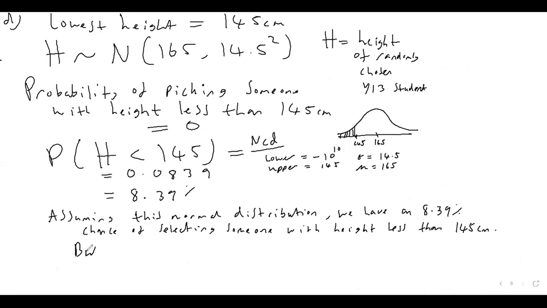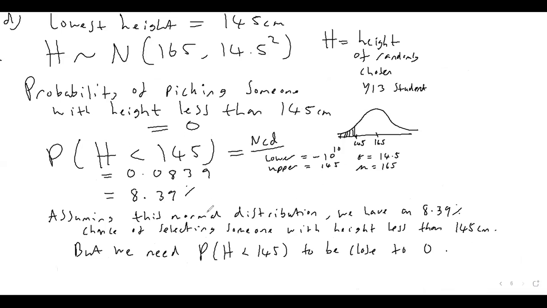But we want this to be as close to 0 as possible, because there's no one in our year group who's got a height less than 145 centimeters. We need this probability to be close to 0.